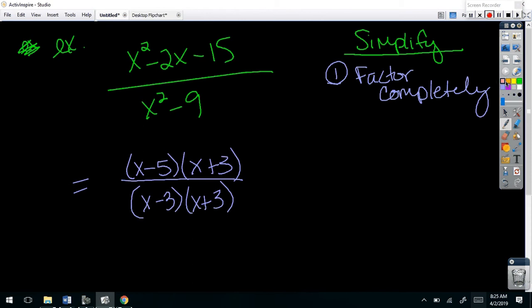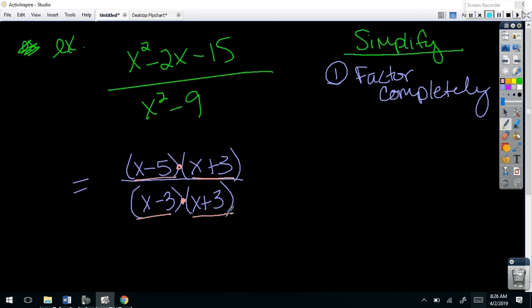Now, notice what you have. And here's what I'm going to tell you to remember. Before you start marking things out, make sure every plus or minus that you see is enclosed in a parenthesis. If there was a plus outside, I couldn't start marking out yet. But every plus or minus is inside sets of parentheses, so it's this times this over this times this.